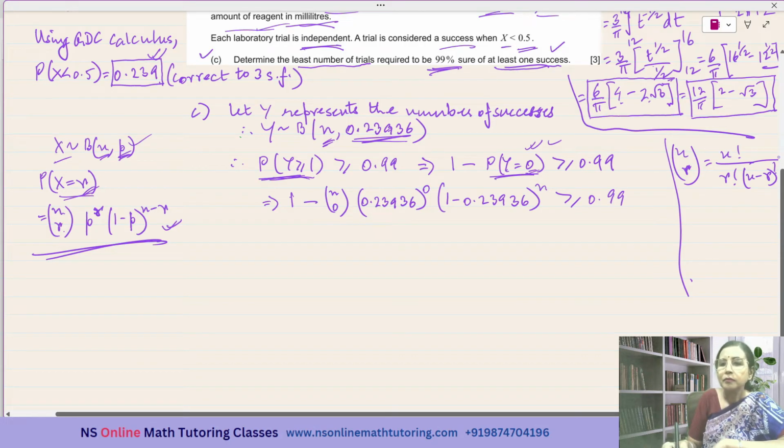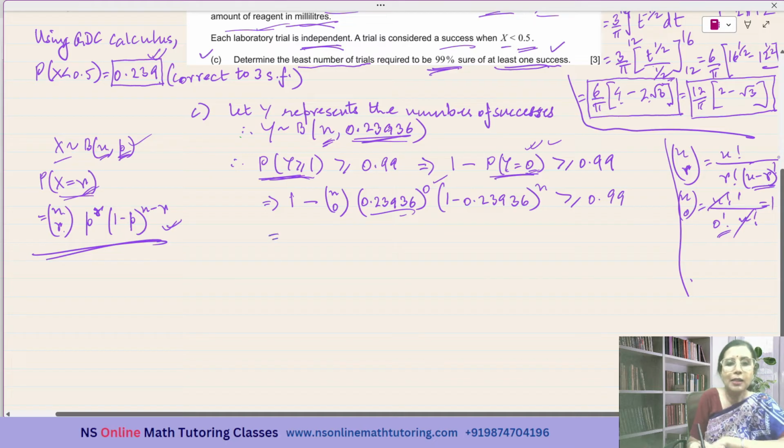So nC0 will be equal to n factorial over 0 factorial, because r is 0, and n minus 0 factorial, which is n factorial. These two will get cancelled and we will have 1 in the numerator, and 0 factorial is 1. So 1 over 1 is equal to 1. So nC0 is 1, and anything raised to the power of 0 is also equal to 1.